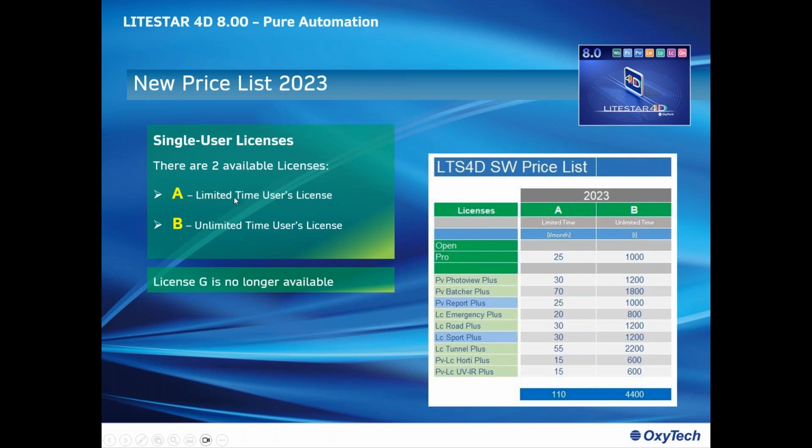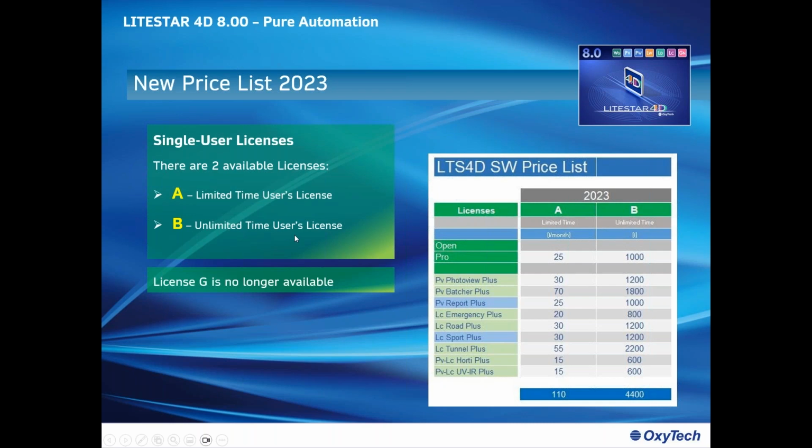The A license is a limited time of use license, and the B license is an unlimited time of use license. It means that in the A case, the license will be turned off after the expiration period unless it was extended before the expiration date.